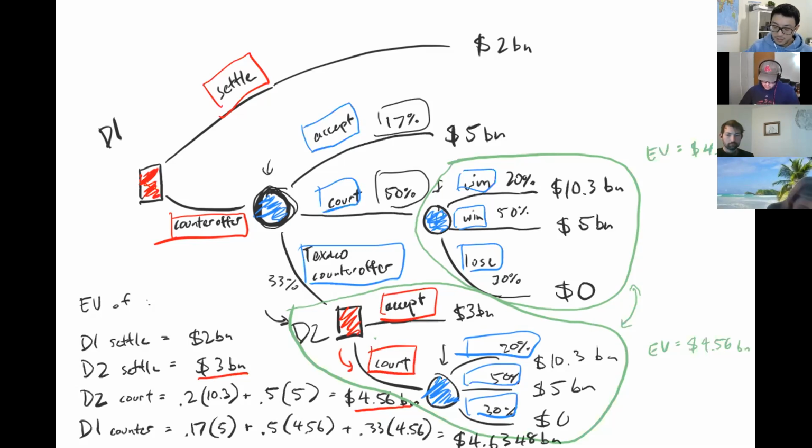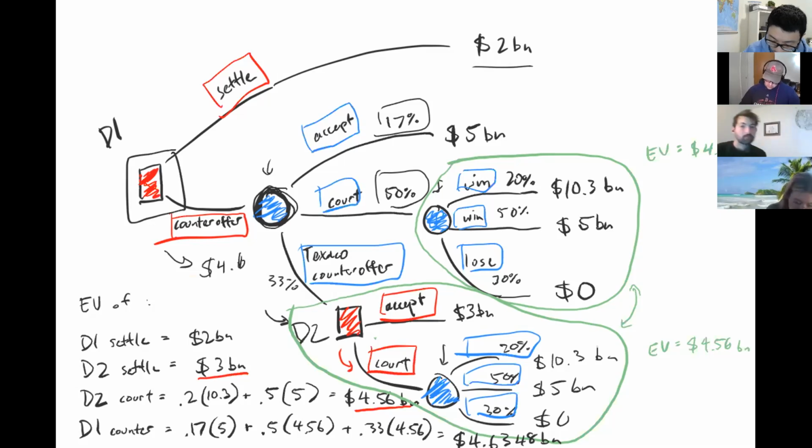Okay, so if we look at our first decision node, you will have a decision with an expected value of 2 billion and another decision with an expected value of about 4.6 billion.